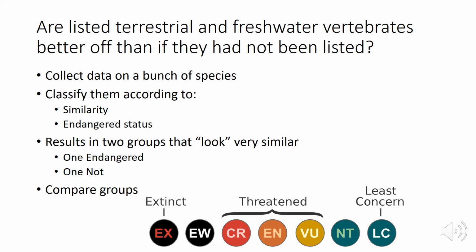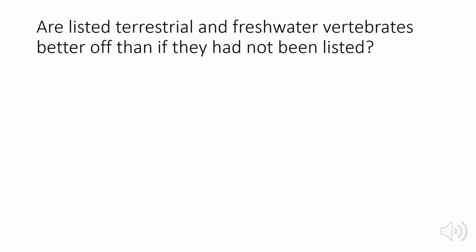Are they going from endangered to not particularly concerning? We want to know, are species that are listed on the endangered species list better off? Are they surviving and thriving more so than they would be had they not been listed?